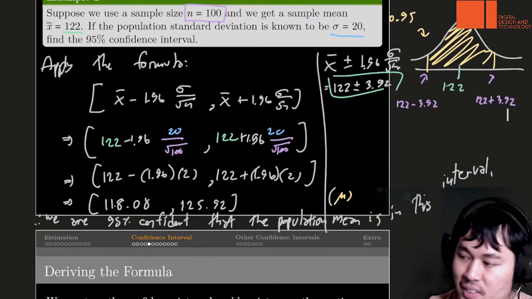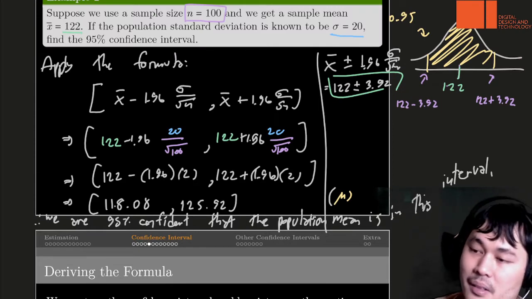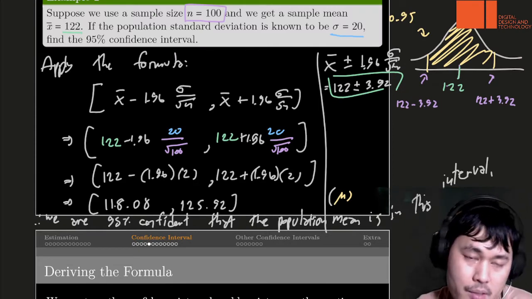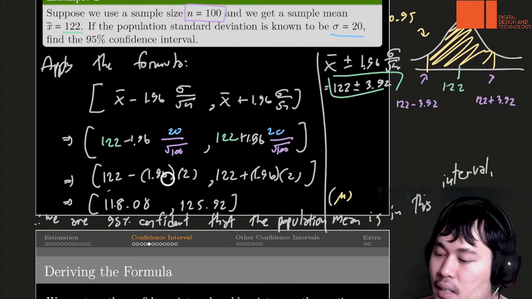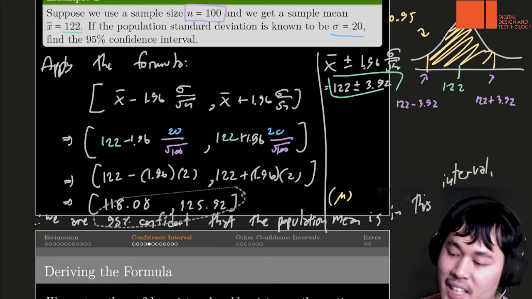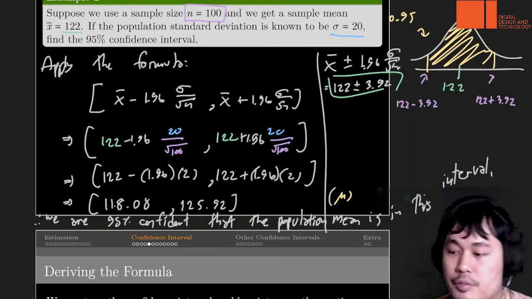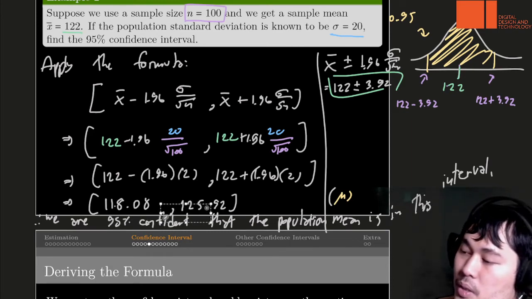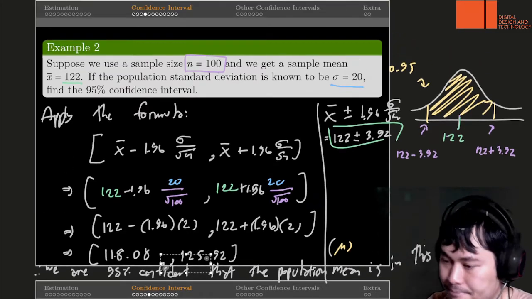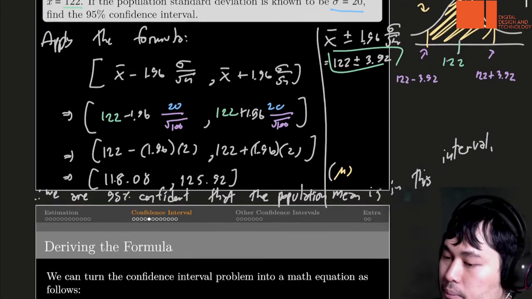So we can get a meaningful conclusion: based on this sample mean of 122, we could be confident that the actual population mean that we want to find out shouldn't be too far from that number. So that's one example.